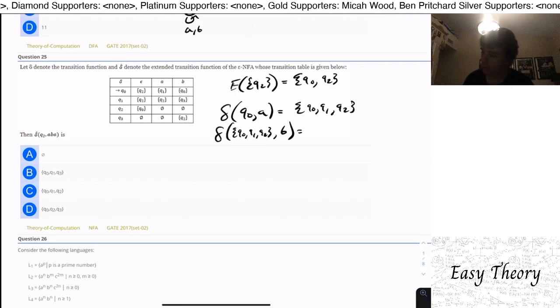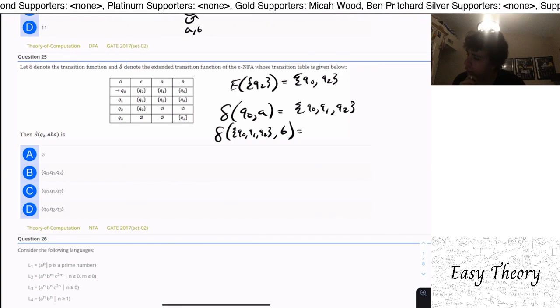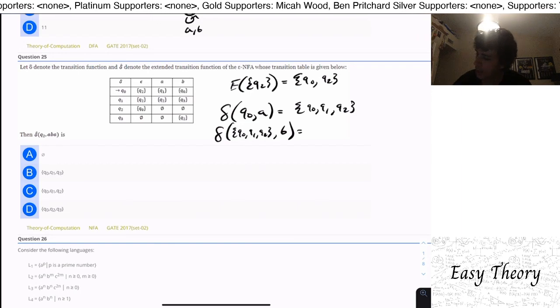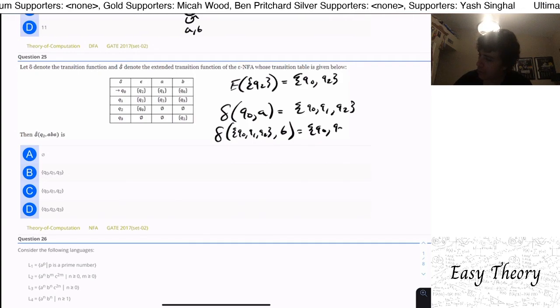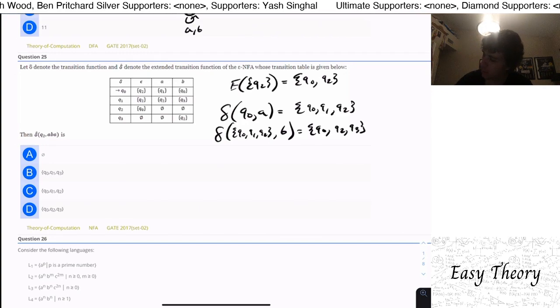Q2 goes nowhere on it, which is fine. Q0 on B goes to Q0. Q1 on B goes to Q3. And that's all we can do. Q0 includes the epsilon closure to Q2, so Q0, Q2, Q3.